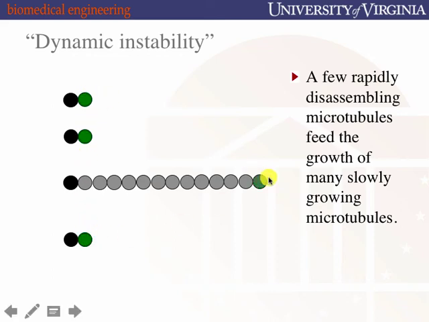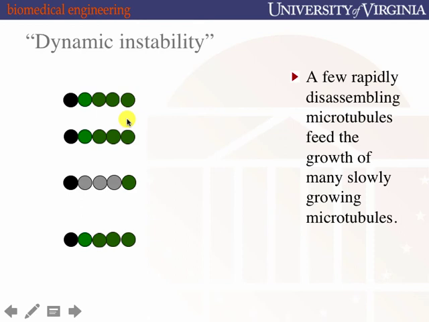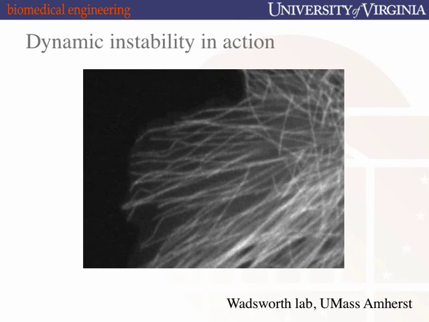This one, let's say he stops growing, he loses his GTP cap, and he undergoes disassembly. Those tubulin will acquire a GTP, and now they can participate in polymerization of other microtubules.